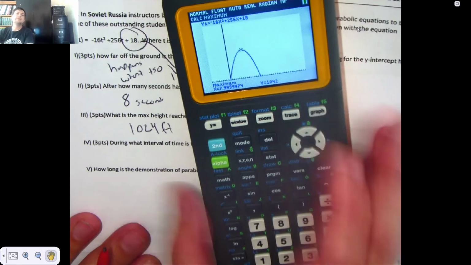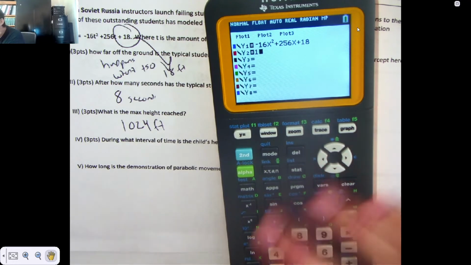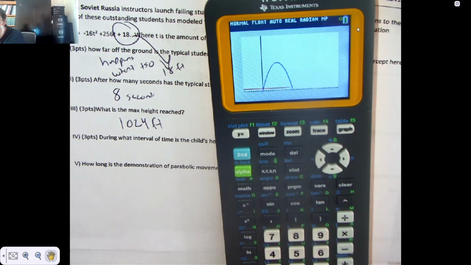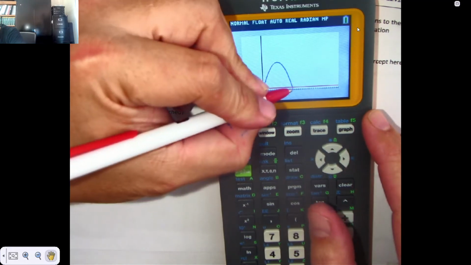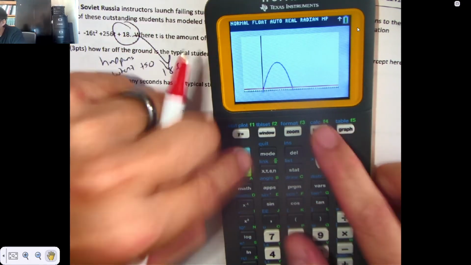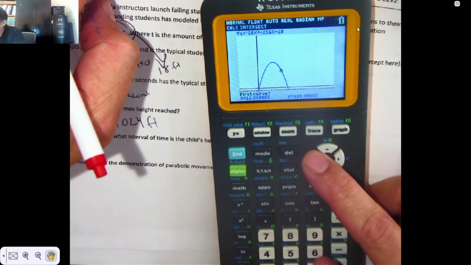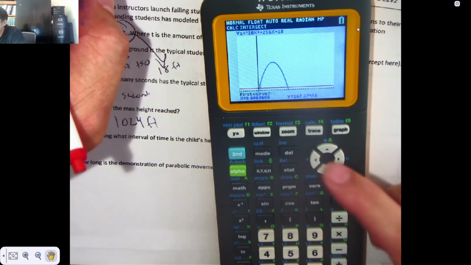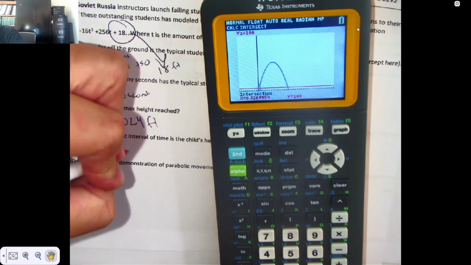Part 4, during what interval of time is the child's height greater than 100 foot? What I do is I put 100 into Y2. Then I go back and I look at my graph by hitting the graph key. I want to find this number and this number. So second trace 5 for intersect. I like to go after the left answer first. Enter, enter, enter. It's going to be at roughly 0.33 seconds.